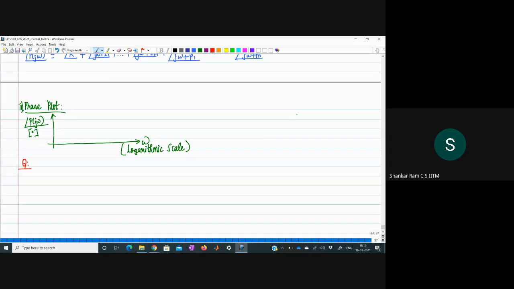So the question becomes, how do we use this to our advantage? The question that we are going to ask ourselves is, what are the building blocks that form the constituents of any transfer function?